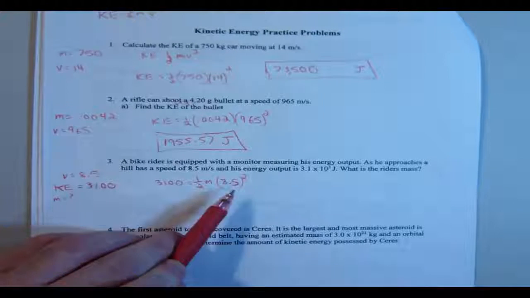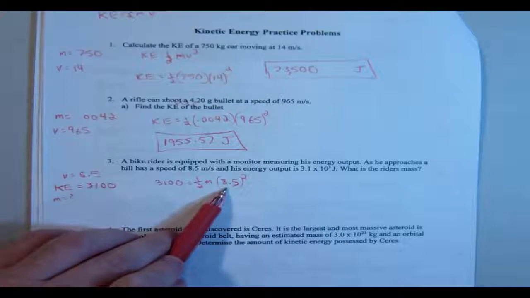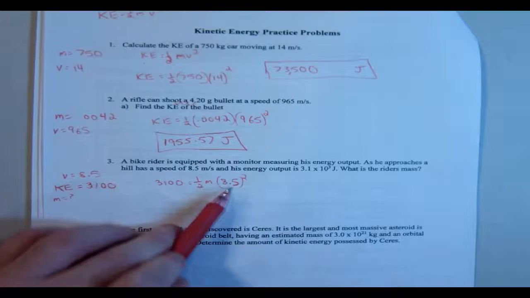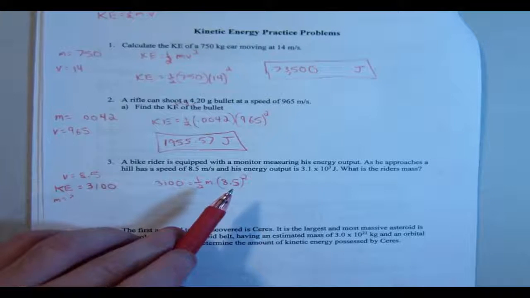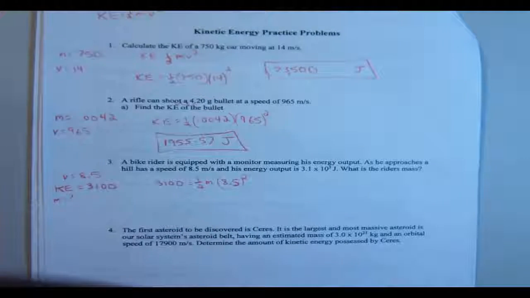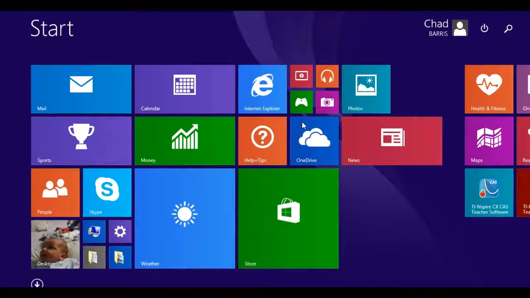I don't have a calculator. I guess I should calculate this. Square this and then times it by 1/2. See, 8.5 squared is 64. Okay, I'm going to use a calculator.